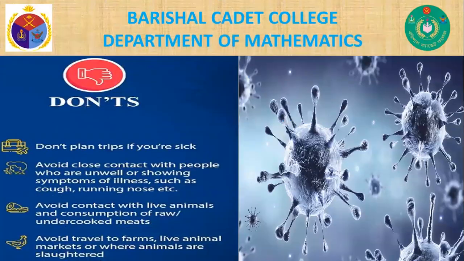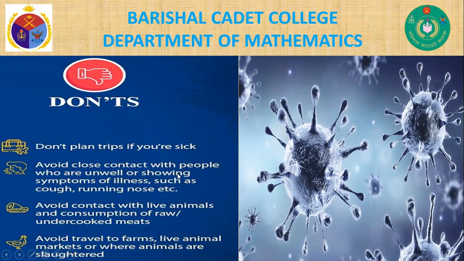Dear cadets, at the very beginning of my lecture, I told you about some do's for coronavirus. Now, I will tell some don'ts for fighting against coronavirus. Don't plan a trip if you are sick.